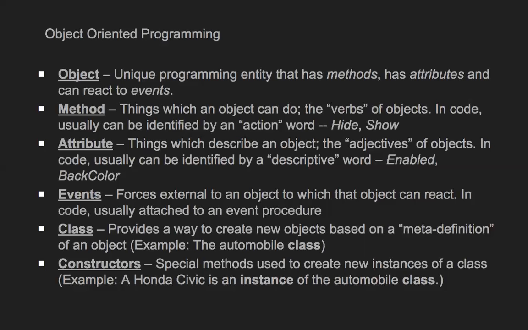Let's assume a Honda Civic car. Generally a car will have four wheels, four doors, a gear, steering, brake, accelerator. These are the common things.